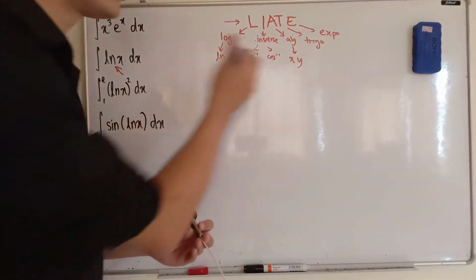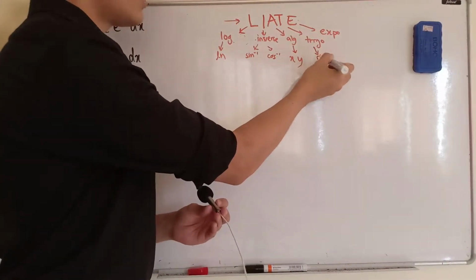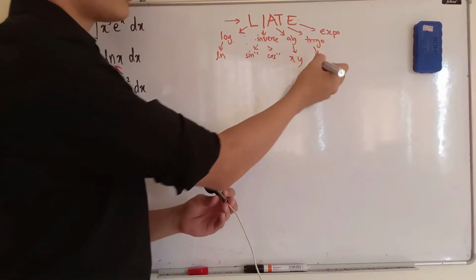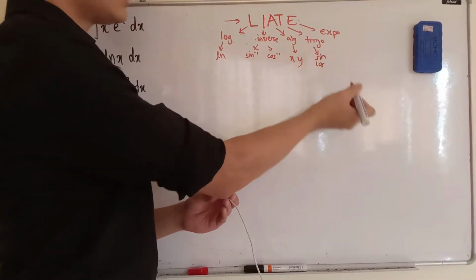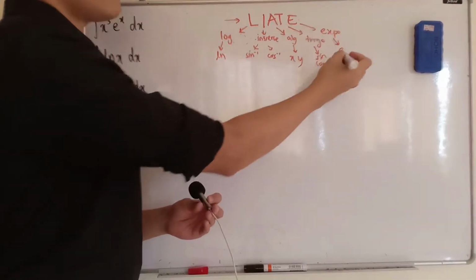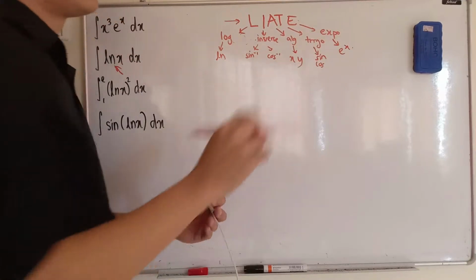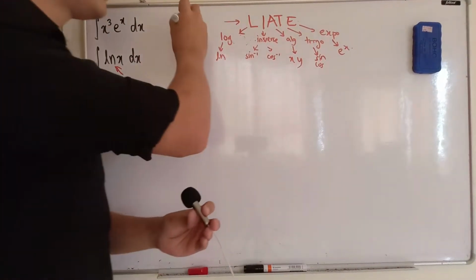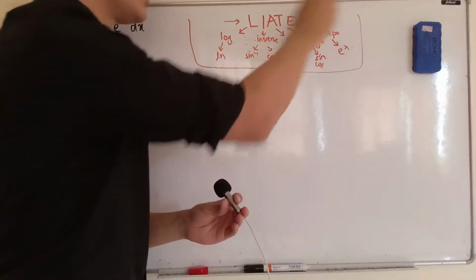Trigo is something like sine, cos or tangent. It's not inverse like arc sine, but here it is sine only. Exponential is something related to e, e to the power of anything. So now you just need to remember LIATE like this only. I'm not going to erase it.